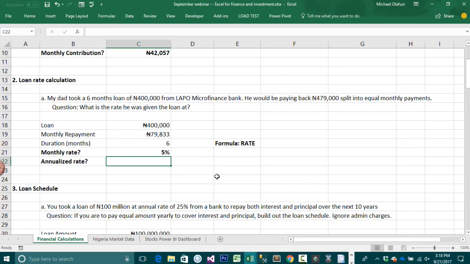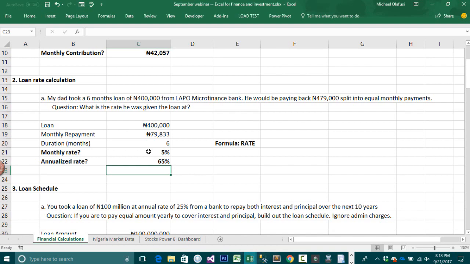To do the annual rate, I'll use a very simple one, because this can be very controversial in terms of whether you want to compound it or just do an uncompounded annual rate. But here, what I think is fair is to simply use the uncompounded one, which is just the monthly rate times 12, and you can take that as the annual rate at which the loan is being given to you.